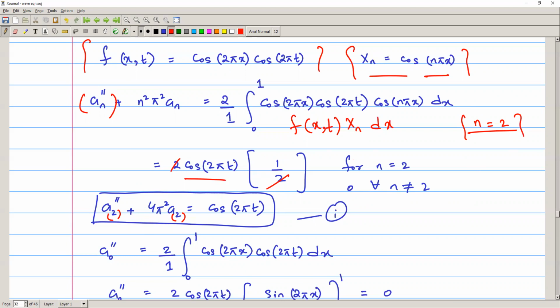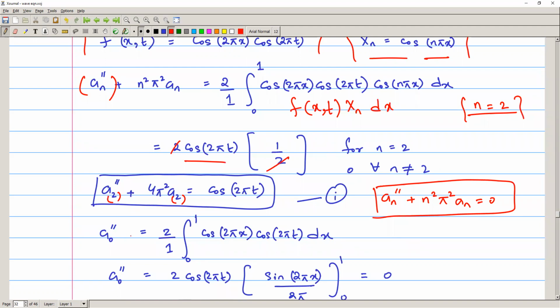So we can write the equations for all other n in this manner: a_n double prime plus n squared pi squared a_n is equal to 0. So for all other n, it is 0.